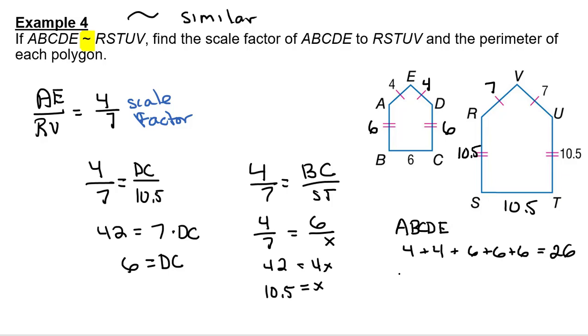And then for pentagon RSTUV, I add up my sides. Sorry, I was making sure that I didn't make a mistake, which I didn't. So I have 7 plus 7 and so on, and I get 45.5. I'm just double checking I don't have units, and I don't.